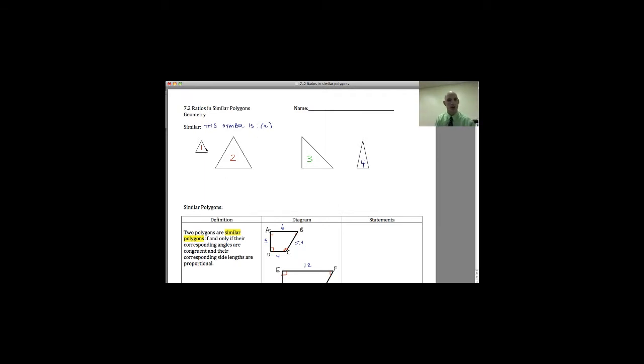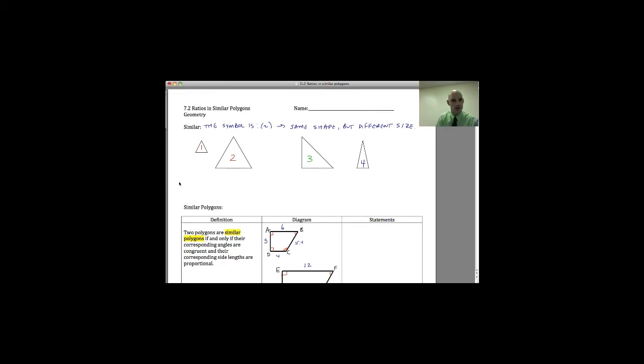Okay, and so if we look at 1 and 2, similar means same shape but different size. Okay? Now, 1 and 2 are the same shape. You notice the triangle, it looks the same.